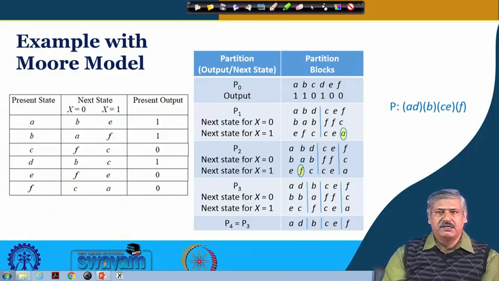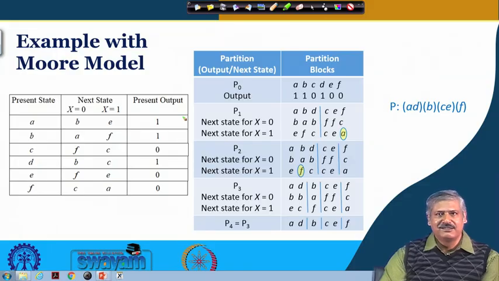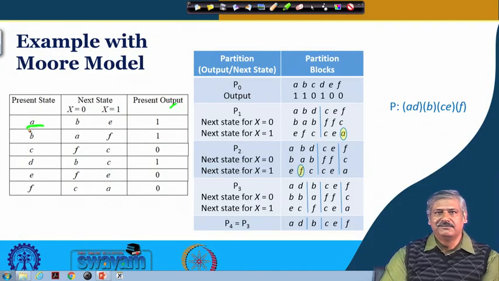So present state, next state, and output. Now in the Moore model, there will be no two different outputs for x is equal to 0 and x is equal to 1, isn't it? So there will be only one output based on the present state. Is it clear? In the Moore model, output is generated only from the state, right.